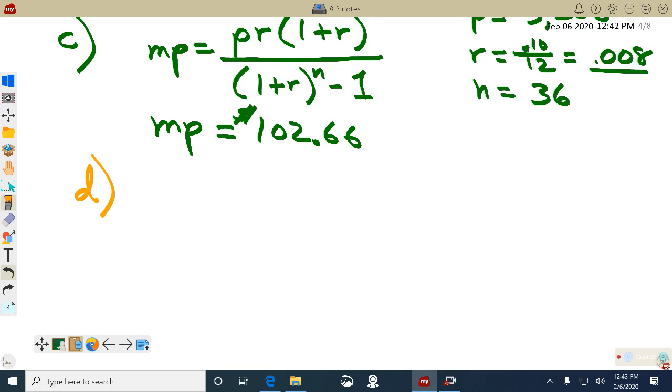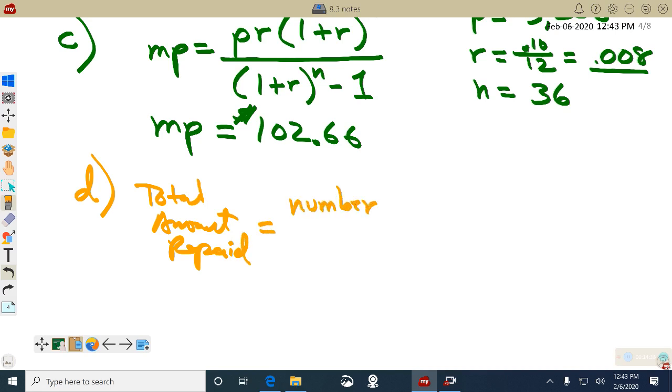Total amount repaid is number of payments times monthly payment. That's the last step?